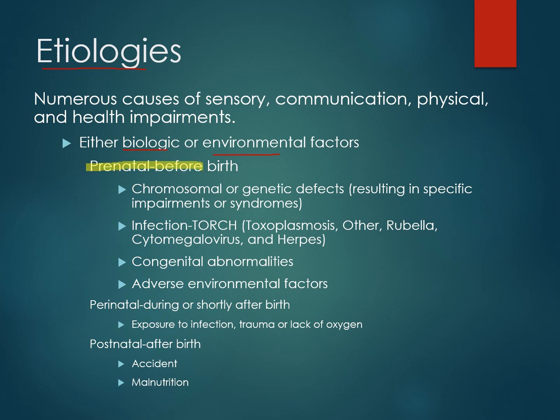Sometimes we'll find that physical impairments or sensory impairments were caused by something that happened during or shortly after birth. And then, of course, sometimes there are things that occur in early infancy or in the toddler stage that might be an accident, might be due to other environmental factors that present themselves as one of these impairment areas.